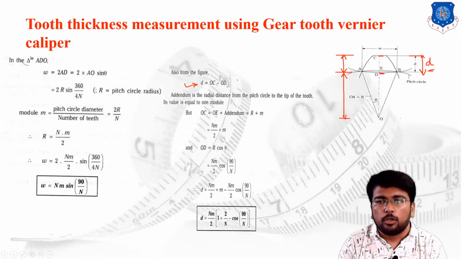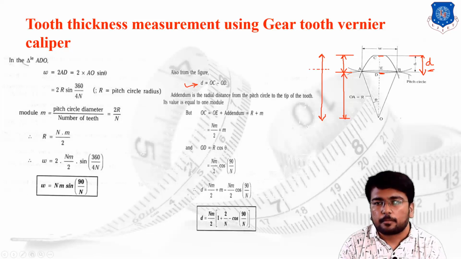Now we can also write the total height again as a combination of two heights. This is the first height and this is the second height.